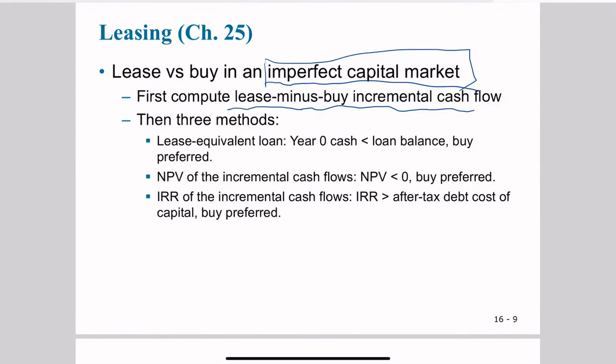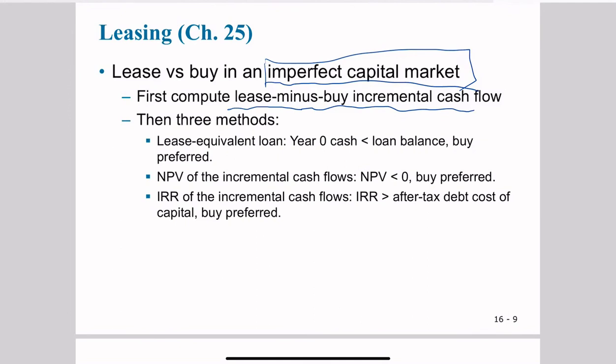Obviously, this one is quite a little time consuming because you basically have to first calculate your free cash flow from leasing, and then you will calculate your free cash flow from buying. And then you will calculate the incremental cash flow by calculating the difference between leasing cash flows and buying cash flows, right?